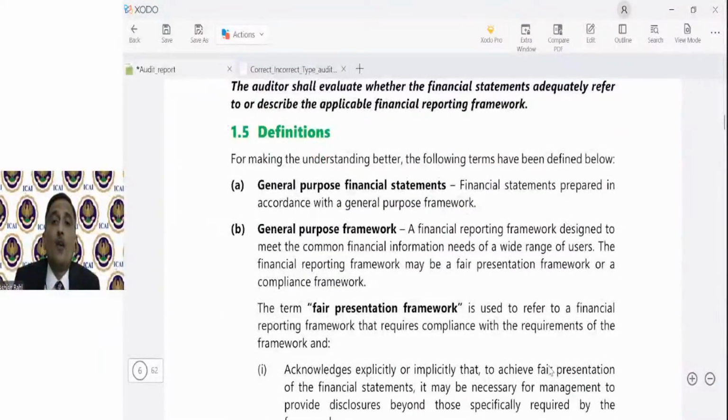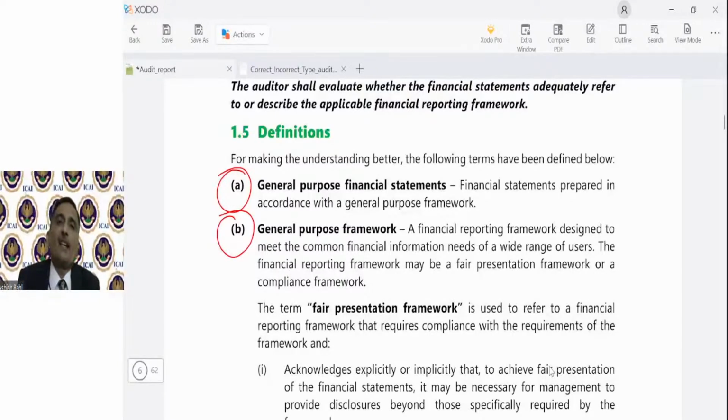So now we shall also understand two more terms, guys, which you have also read in accounting, I think. General purpose financial statements and general purpose framework. Now, students, what are general purpose financial statements?